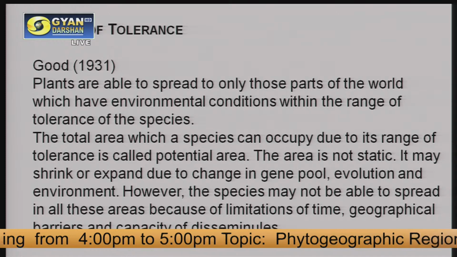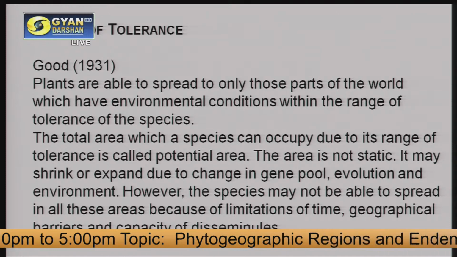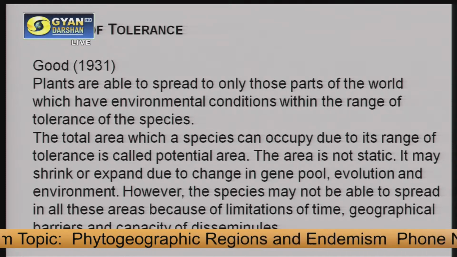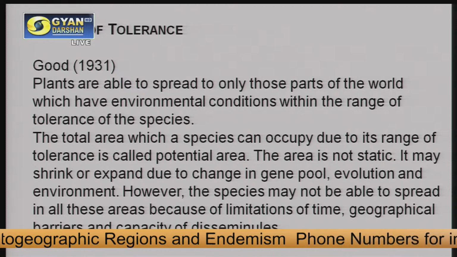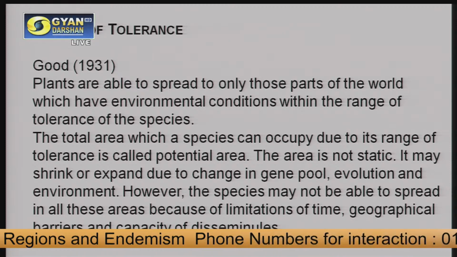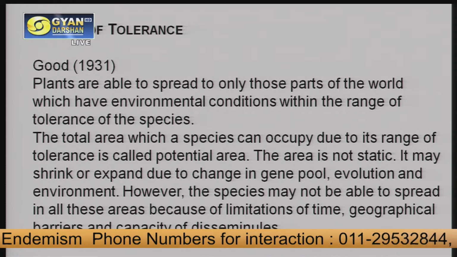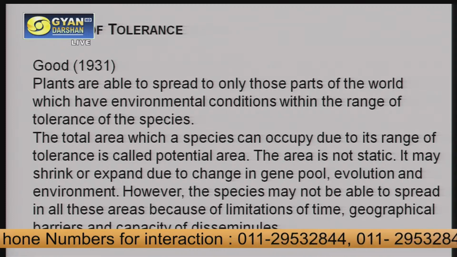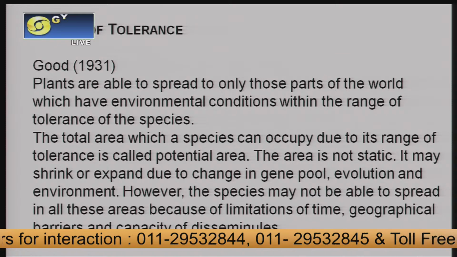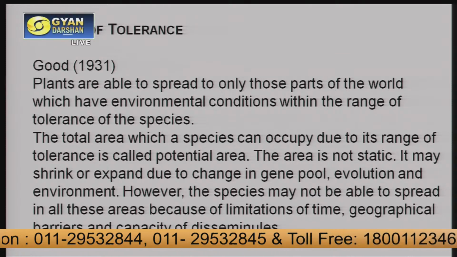Climate keeps on changing. The environment is not a static parameter, it is a variable, because the conditions that exist at present may not exist after several years. So based on that, this potential area cannot be static.